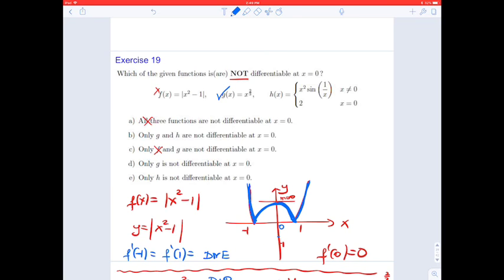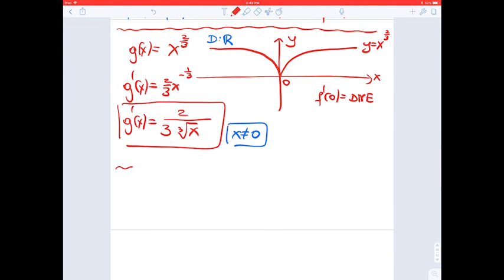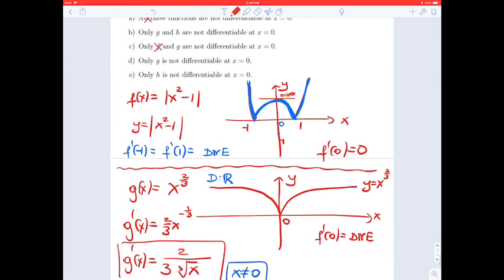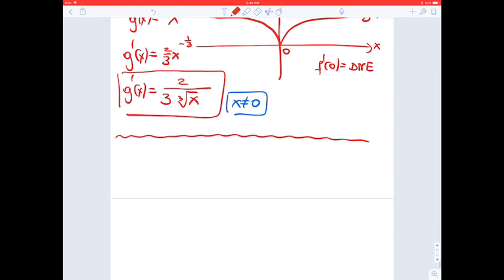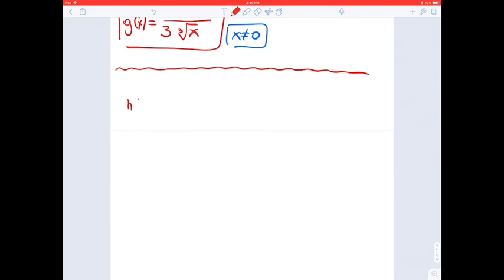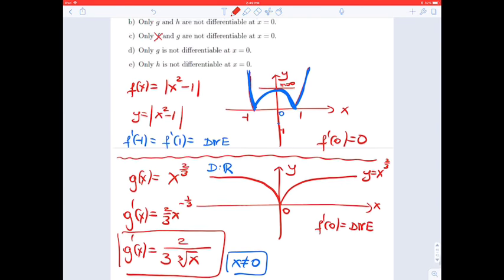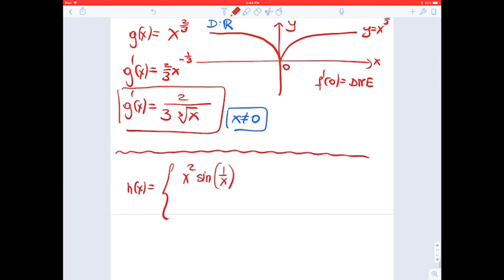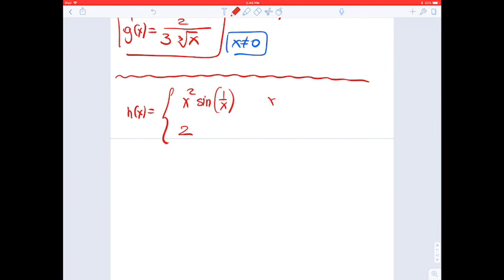Let's investigate the last one, h. The function h of x is defined as x squared sine of 1 over x, which is defined everywhere except at 0, but the value at 0 is actually 2.